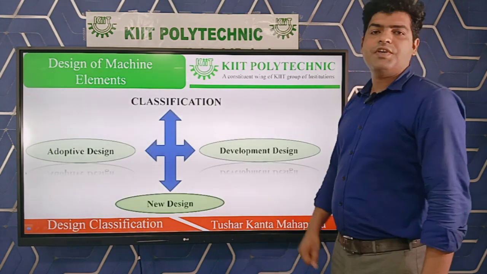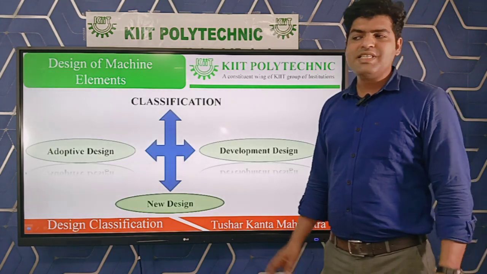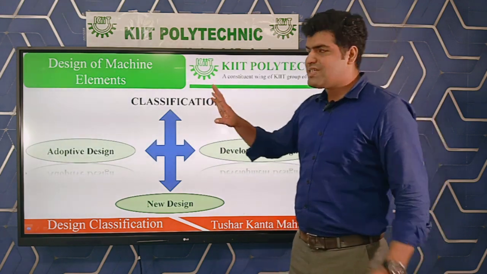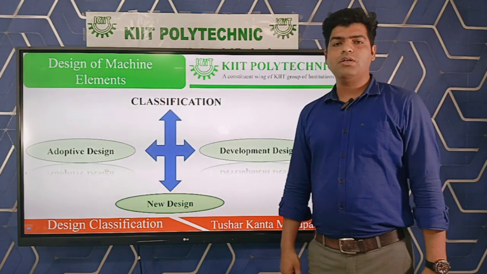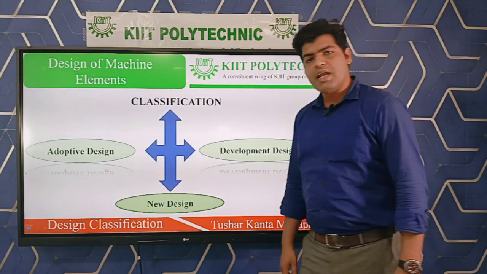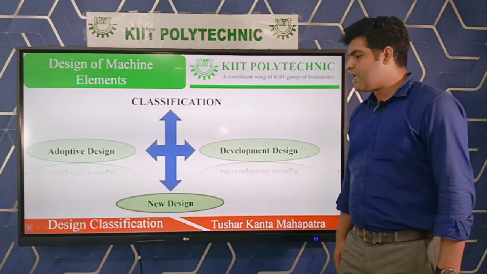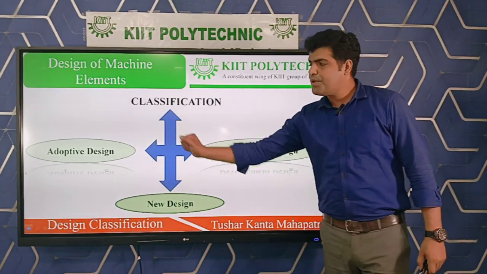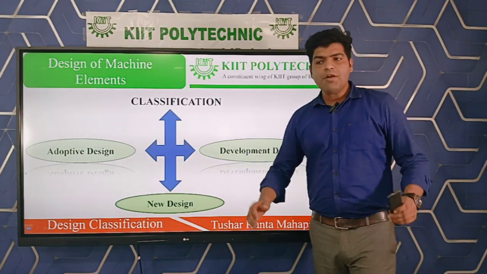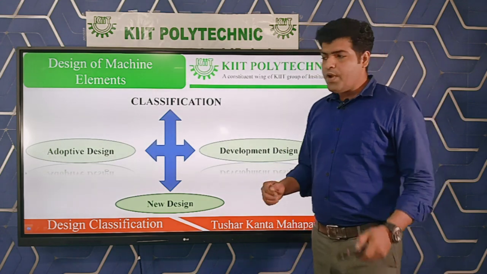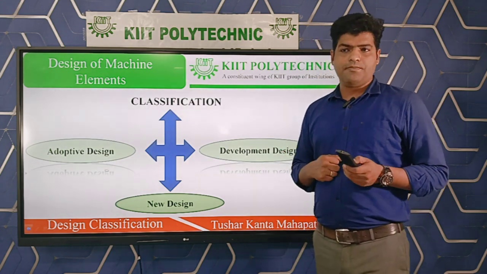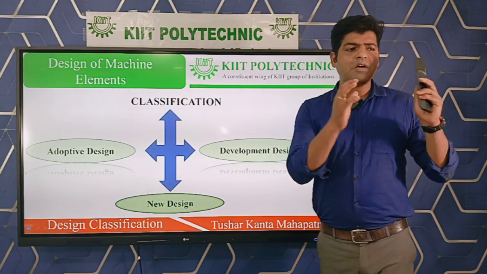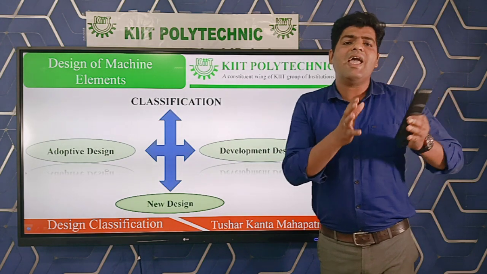Then classification. Basically machine design is of three types. First one is adaptive design, second one is development design and third one is new design. What is adaptive design? When we see things all over the world, some designs already exist.